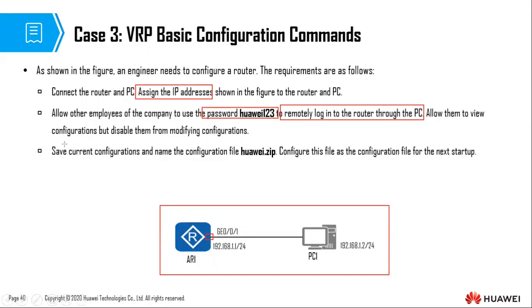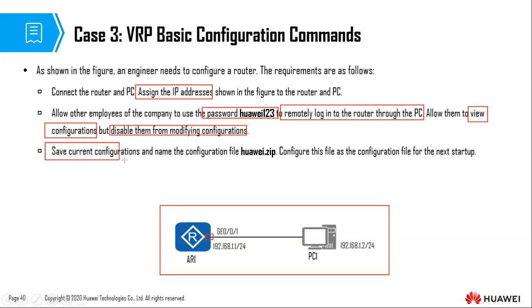Then we want to allow them to view configurations but disable them from modifying configurations. So that just means that we have to manage their user level to maybe a maximum of 1.